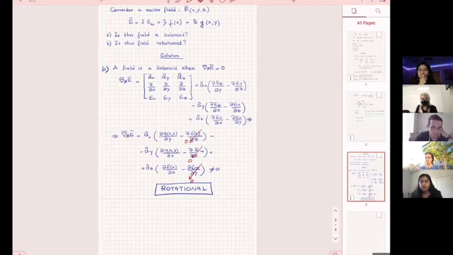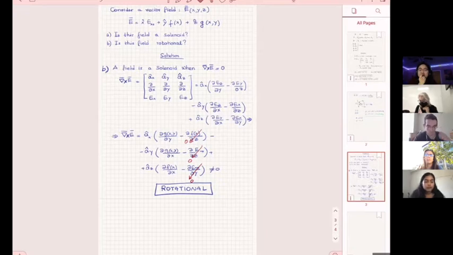It might not necessarily be that a field can have this form for every x, y, and z. It could have this form for a subset of x, y, and z. In that subset, in that volume, in that subdomain, it will have whatever properties the curl and the dot give you.